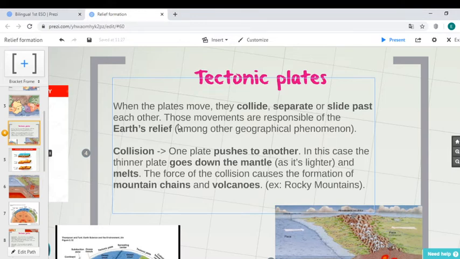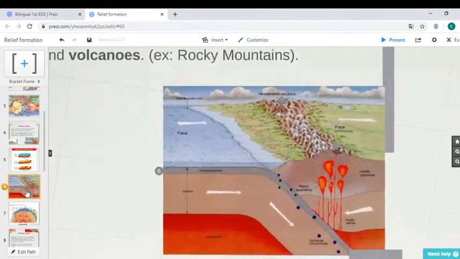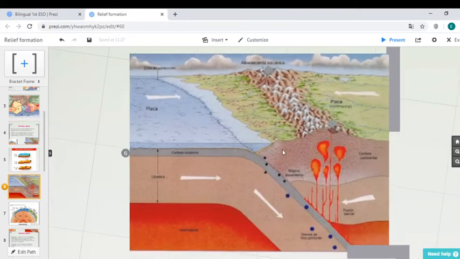The force of the collision tends to cause the formation of mountain chains and other geographical phenomena such as volcanoes. So, for example, this mountain chain shown here will be caused by the collision of both plates. The force of them colliding will cause this.